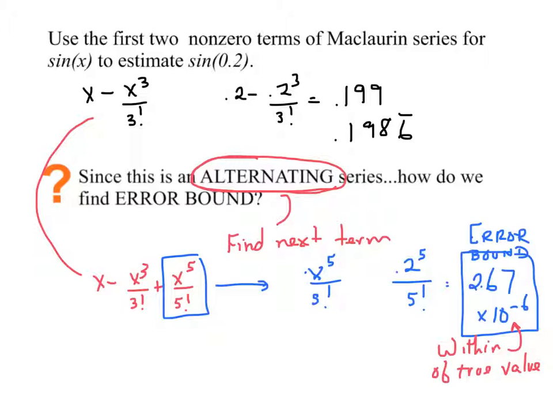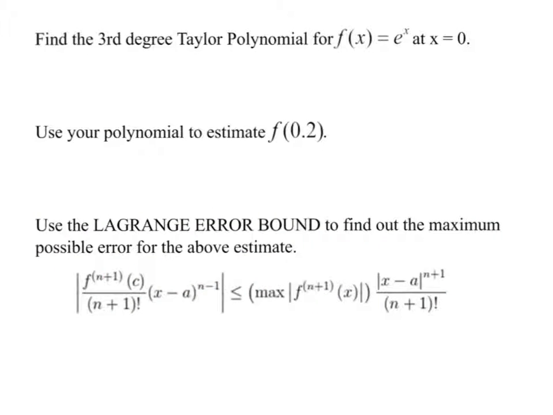Let's look at when it's not alternating. Something like e to the x, and again I said find the third degree Taylor polynomial for e to the x at x equals 0. So this is a Maclaurin series. We have done e before, so I'm just going to write it out. If you don't remember how to generate it, I would urge you to go back and either do it or look at a video of how to do it, but I'm going to do it for the sake of time like that.